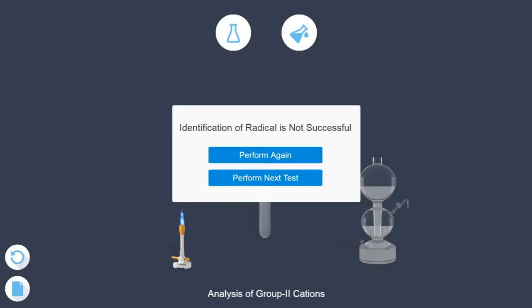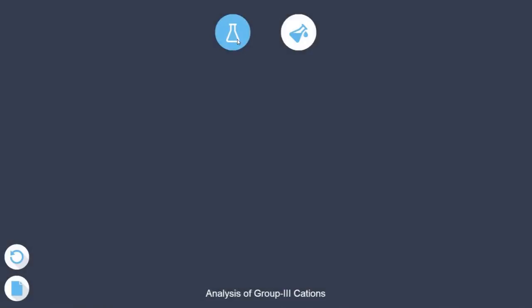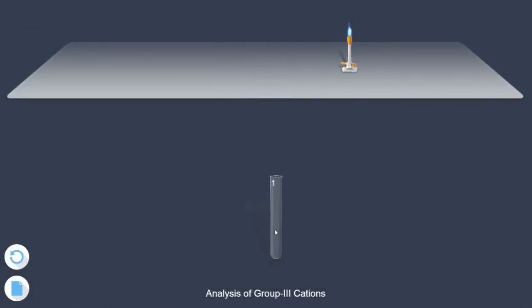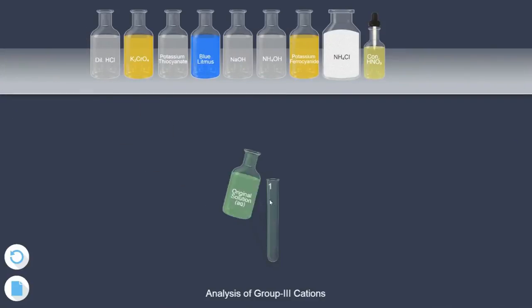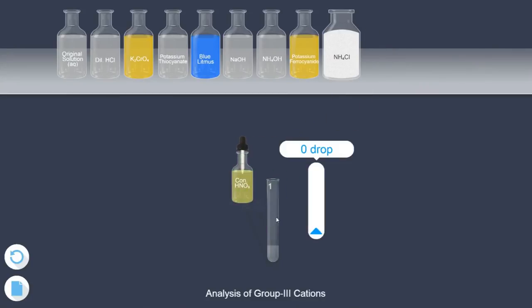Perform next step. Take a test tube and add original solution to it. Add 2-3 drops of HNO3 to it and heat for a few minutes.